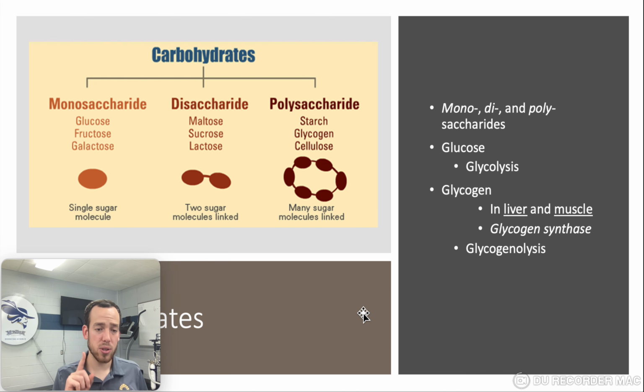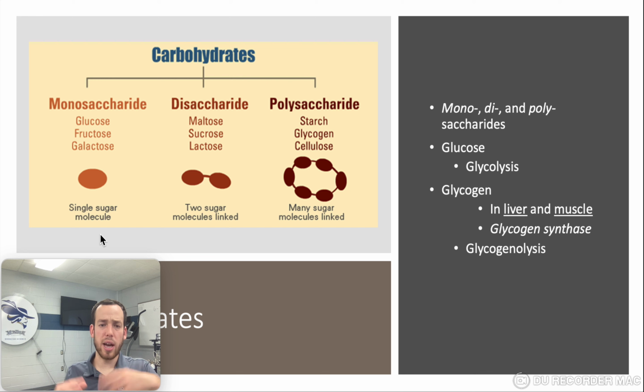Now, once you start to stack two monosaccharides together, you get other things. For example, we could take sucrose. Sucrose is one glucose and one fructose combined. And that's what table sugar is when you bake or when you add sugar to your coffee. What you're adding is this combination of one glucose and one fructose.